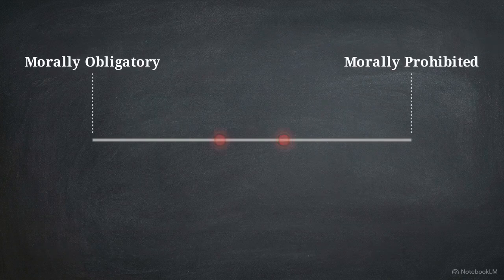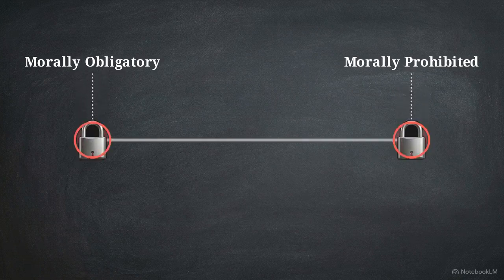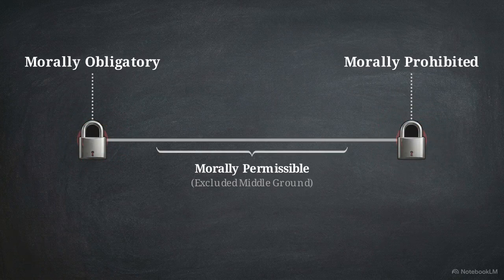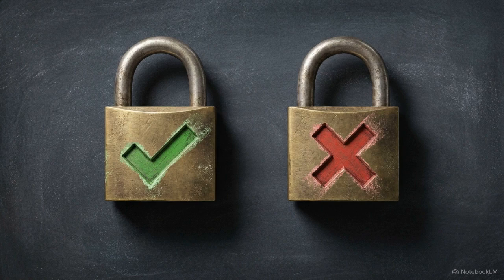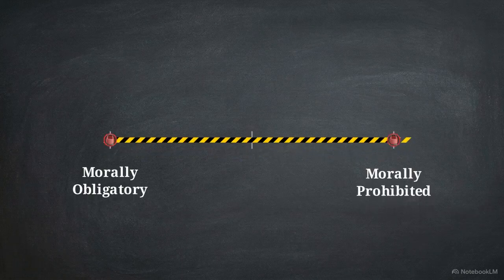This diagram shows exactly how the trap is set. The terms morally obligatory and morally prohibited are locked to the absolute furthest extremes of the track. The structural flaw here is that the arguer is treating right and wrong as strict contradictories. The argument asks you to assume these two extreme poles exhaust all human moral options.